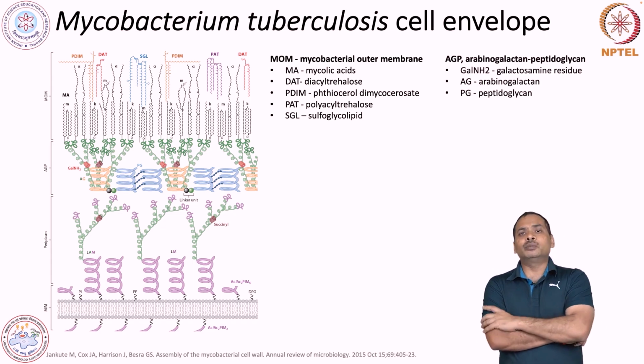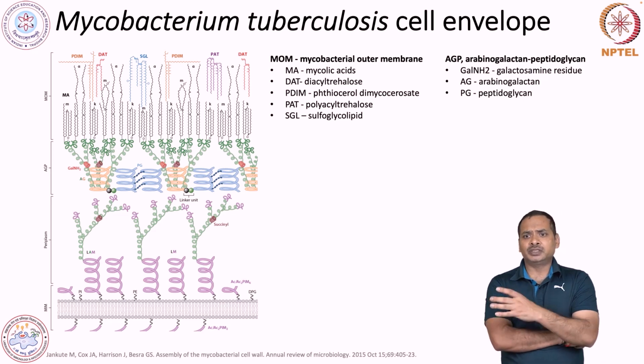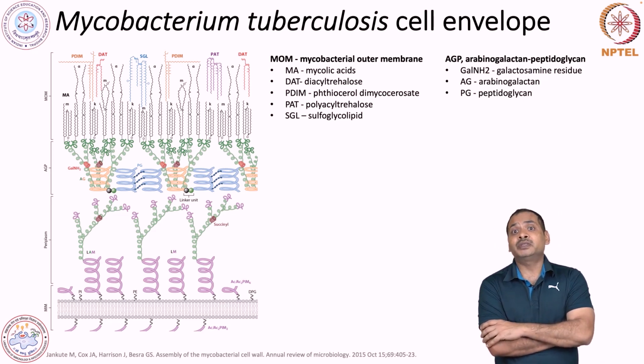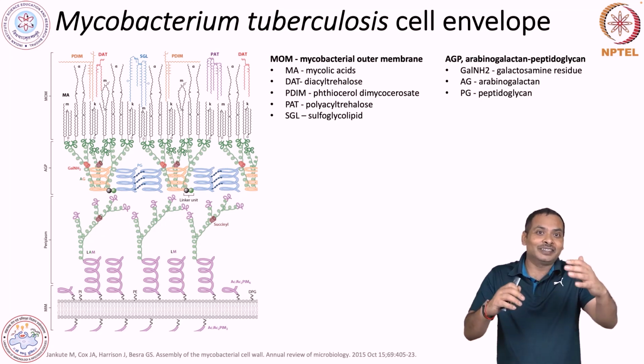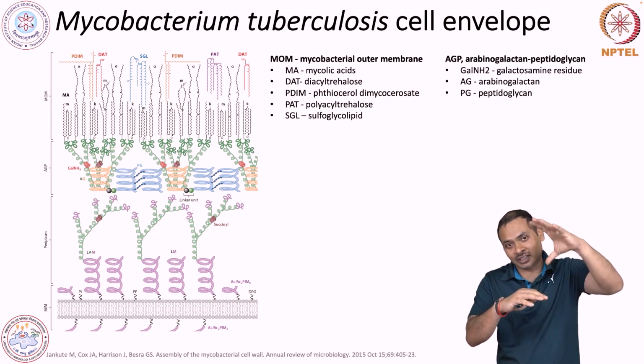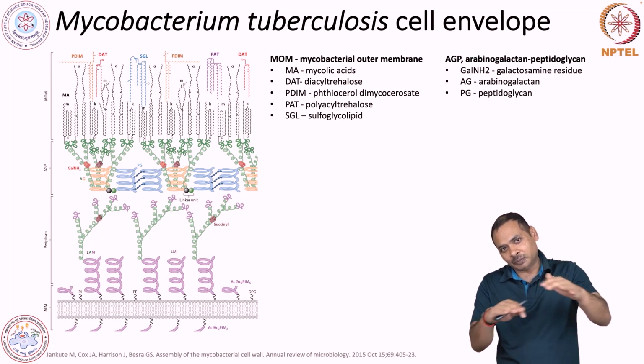Below this mycobacterial outer membrane, there is AGP, which stands for arabinogalactan peptidoglycan. In gram-negative bacteria, outside there is an outer membrane, and below that there is a thin peptidoglycan.